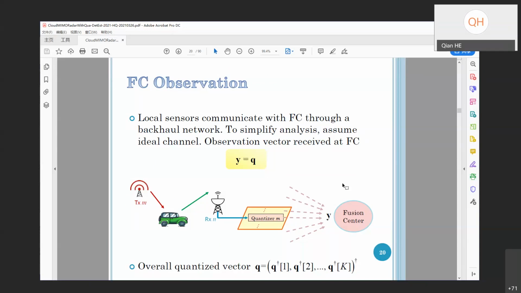So let's just assume for simplicity only that the channel is ideal. If it's not ideal, you can add some other interference to this. But for now, let's assume what you observed is exactly equal to what you sent. Even for the simple case, we have a lot of things to do. That's why let's just keep it simpler. Okay, so what you received at the Fusion Center is exactly equal to what you quantized.